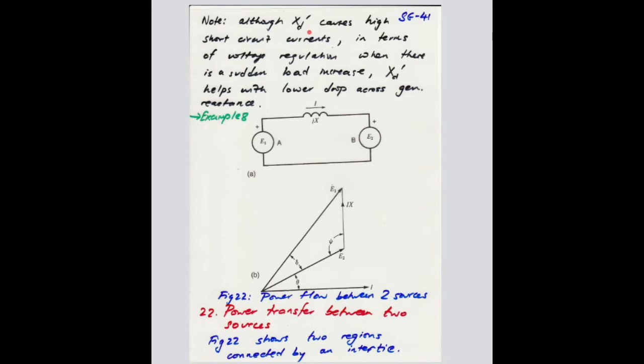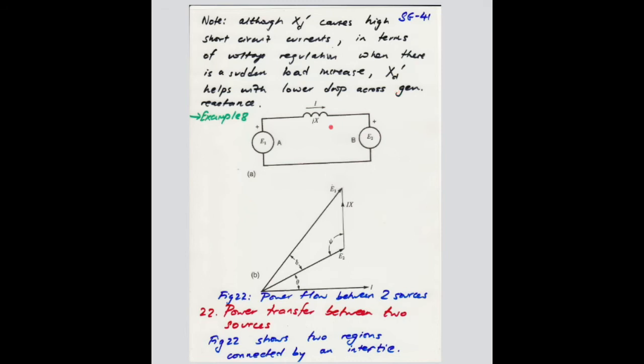When the synchronous reactance changes to a smaller value, it helps the system because the drop across the synchronous reactance is not too much, and hence it helps in terms of voltage variation when there is a sudden load increase in the generator. So it helps to lower the voltage drop across the synchronous reactance.